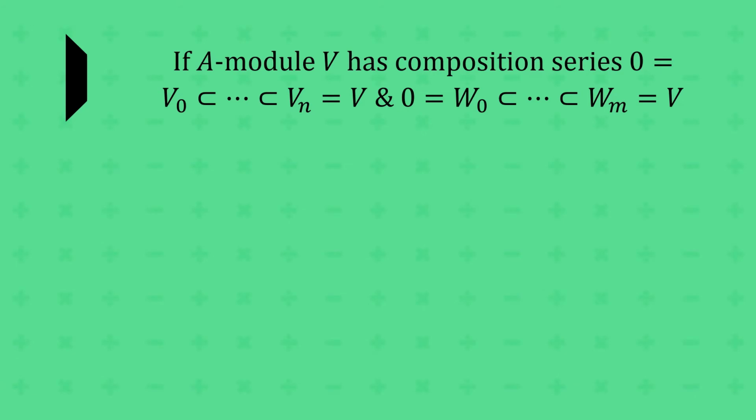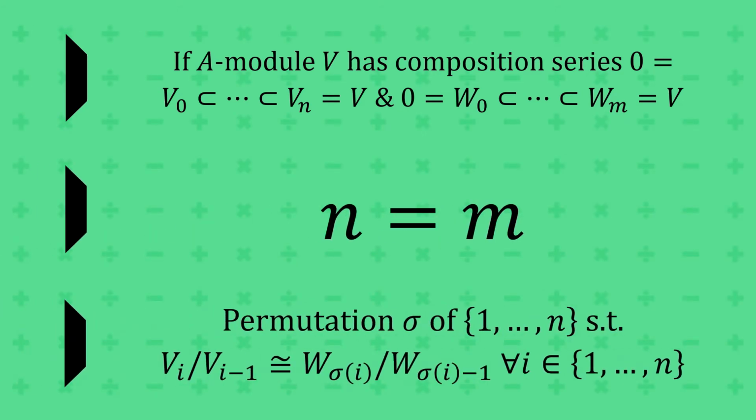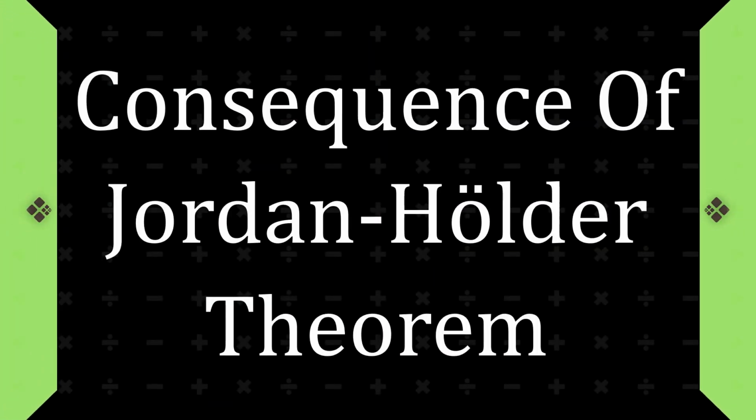Formally, the theorem states that if an A module V has two composition series, then n equals m, and there is a permutation sigma of 1 to n such that the Vi over the Vi-1 are isomorphic to W sigma i over W sigma i-1 for all i from 1 to n.